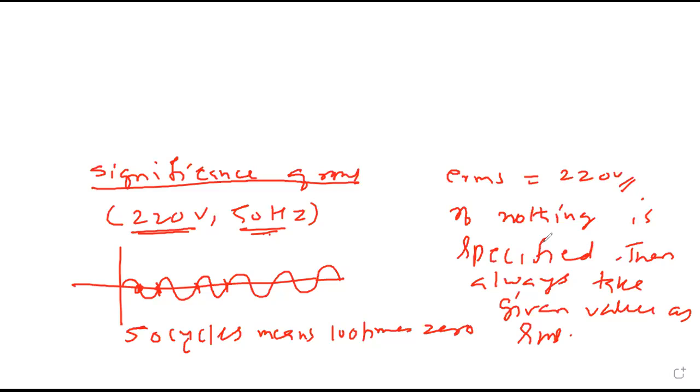Done, sir. Suppose this is one resistor R carrying current, instantaneous current I, which is from an alternating source I naught sine omega t.